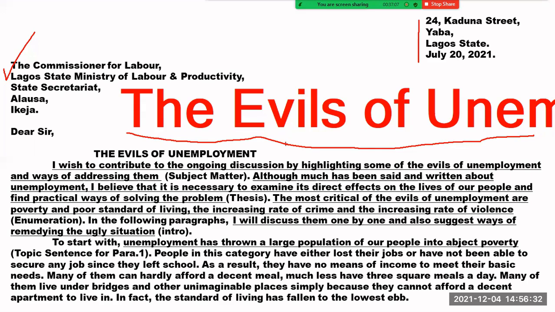All right. So now, evils here starts with a capital letter E because it's a content word. Of is a preposition, so it starts with a small letter. Take note of this. If this resembles a capital letter, it should be a small letter. All right. Then unemployment should start with a capital letter because it's a noun.